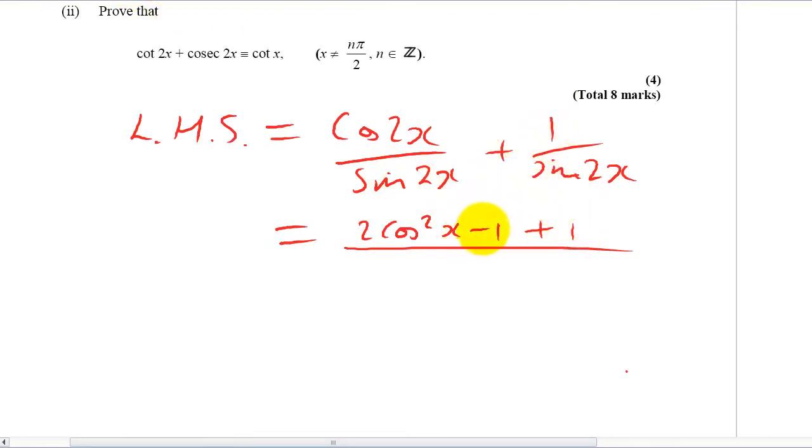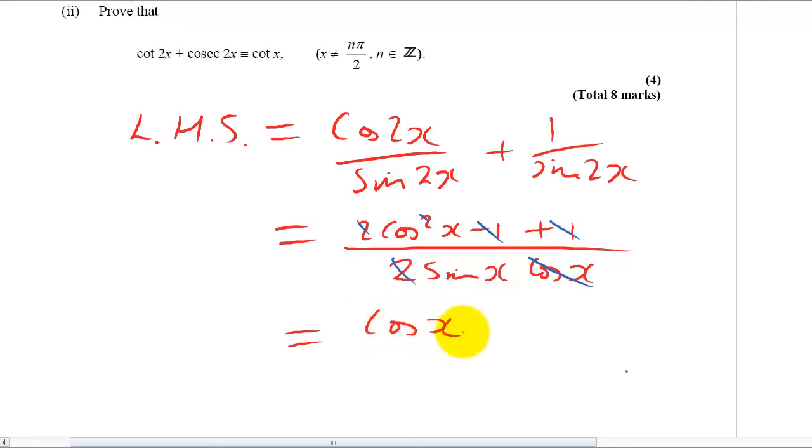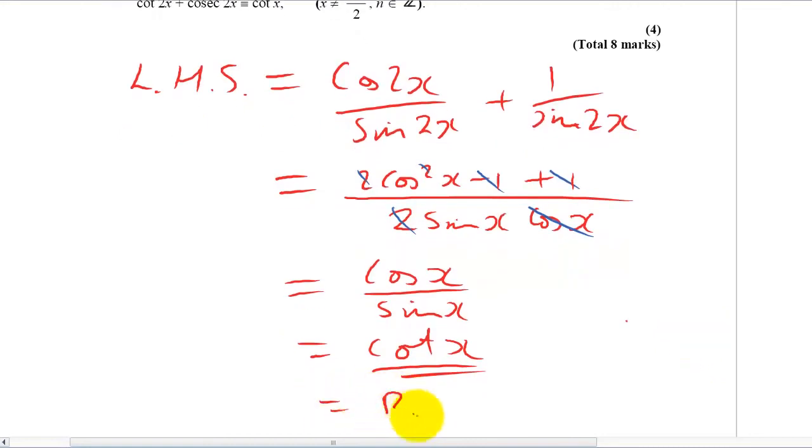So these are obviously going to cancel. We have sine 2x equal to 2 sine x cos x. And we can see that we're going to cancel out a cos here, and we're also going to cancel out the 2's. And that will just leave us cos x over sine x, which equals cot x. And that equals the right-hand side. So we have proven our relationship.